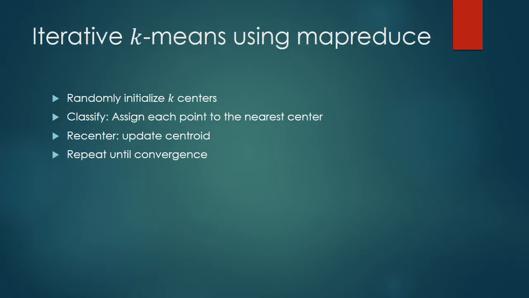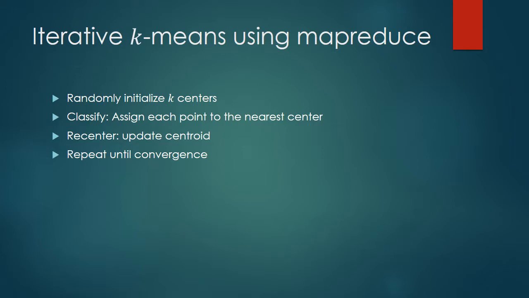So I roughly talked about this, but let's formally go through it. The way you would do it iteratively using MapReduce is to randomly initialize K centers. This could be replaced, and it would be the same, if you had a smarter way of picking the initial centers. Each point gets assigned to the nearest center.